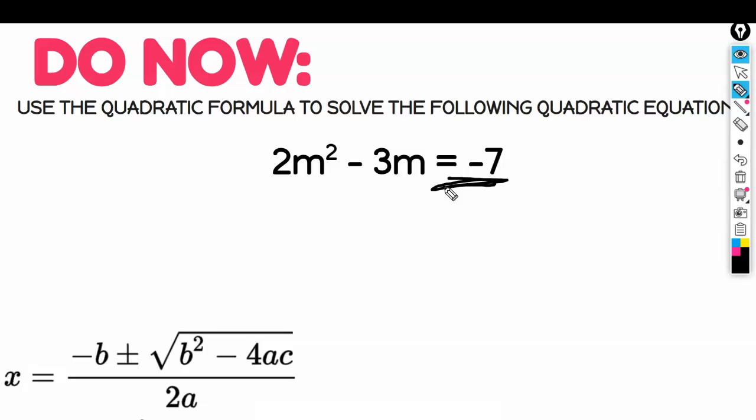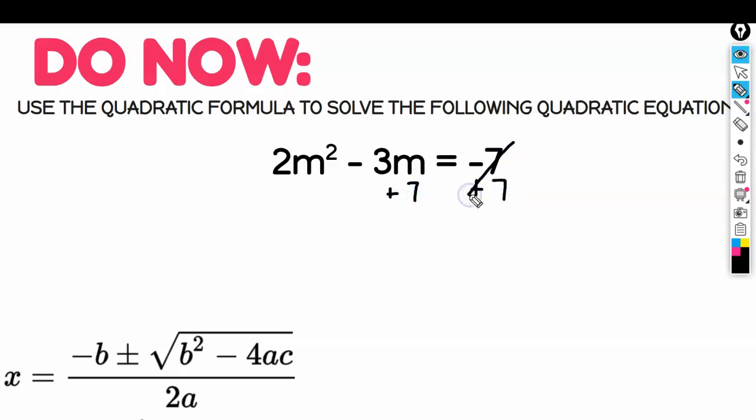Now, this equation right here does not equal 0. It equals -7. So what I have to do is get rid of that -7, make it 0. The way I get rid of that -7 is by adding 7 to both sides.